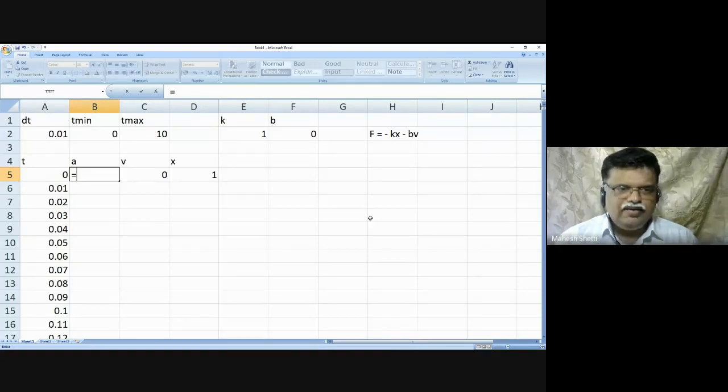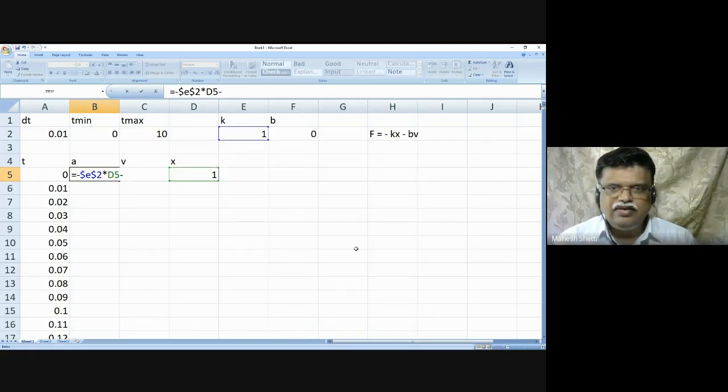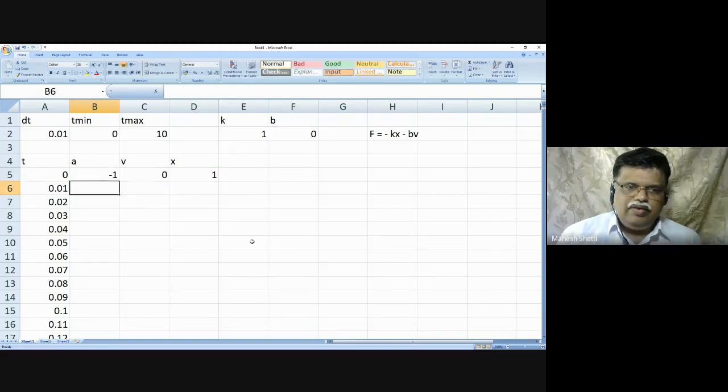Minus k, which is written in E2, multiplied by the value of x. Minus b, which is F2, into velocity. Velocity is in C5. Okay, so I have written this.